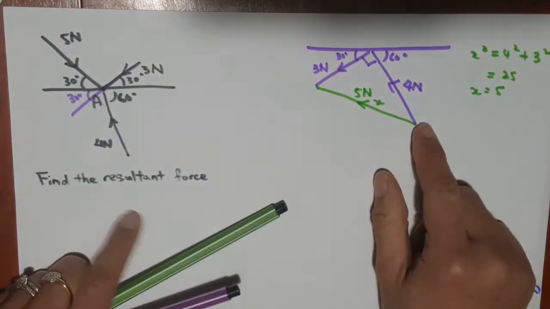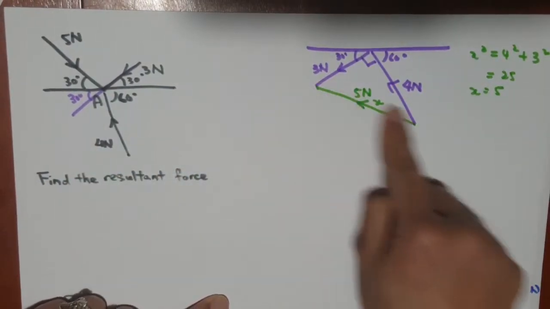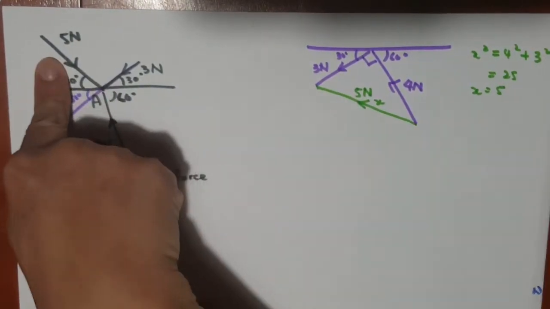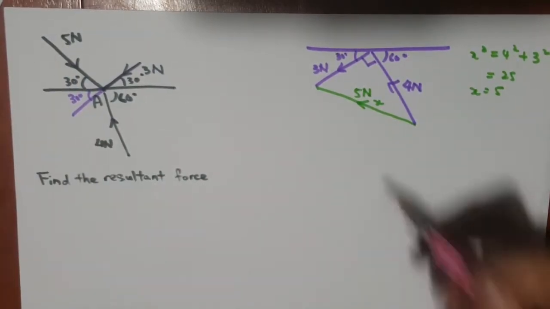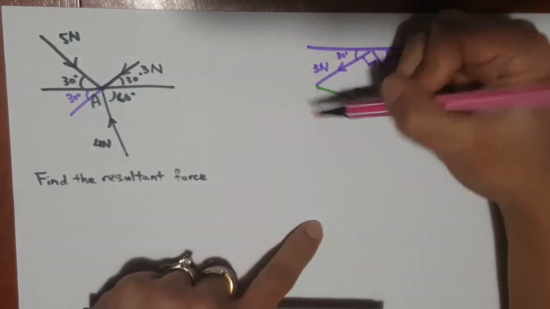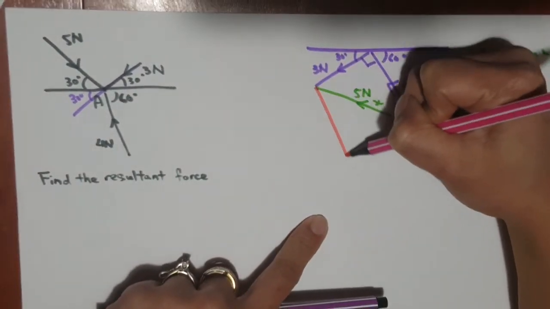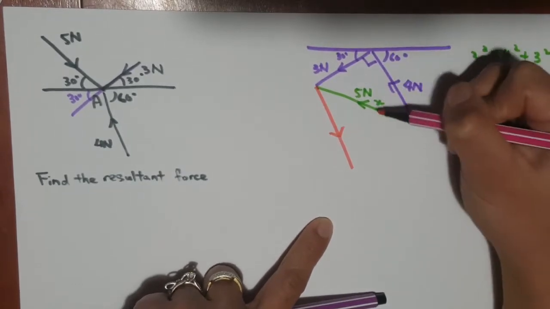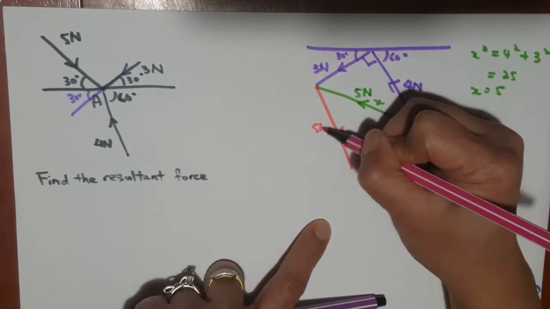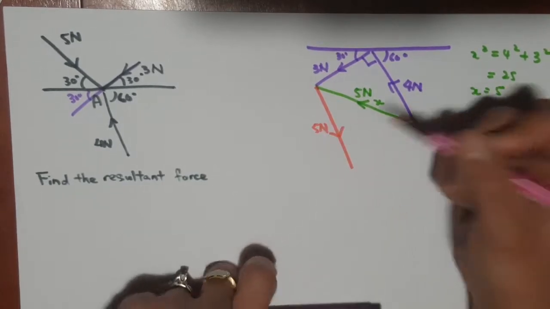So I will leave this first, and we know that this is done. Now we need to compare the resultant vector with the third vector here. If I copy this onto here, I'm trying to make an isosceles triangle because this is 5 Newton and this is 5 Newton. So this will be another angle.